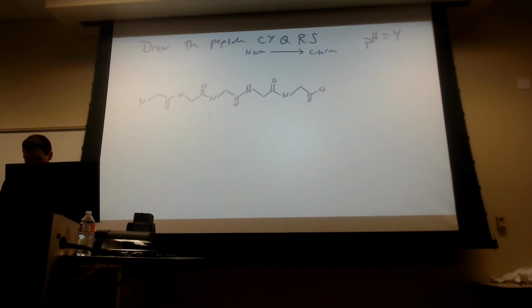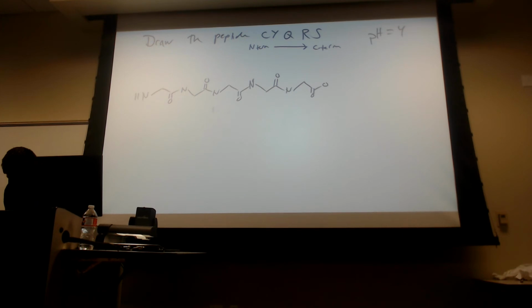I'm going to say pH 4 so that we put the right protonation states on. The N terminus would be positively charged. Cysteine, we got our wedge. You can go ahead and start putting in, remember your dashes and wedges alternate because we flip the stereochemistry because of the bond. So we have cysteine.